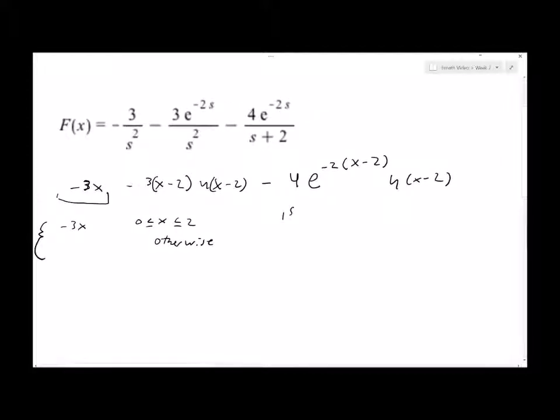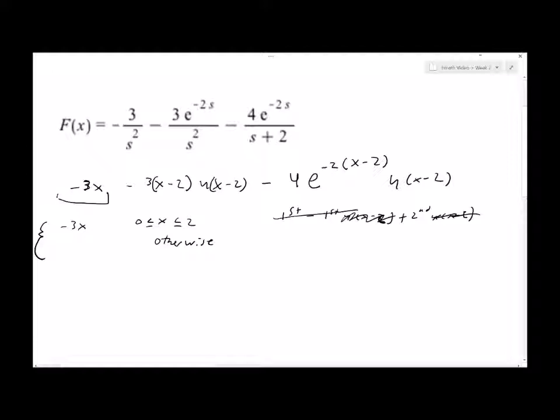So remember, it's first minus first u of x minus c plus second u of x minus c. So a way to solve for it is, say we ignore this u stuff. What'll happen? The first will cancel out and we're left with the second. So that's what we're going to do.